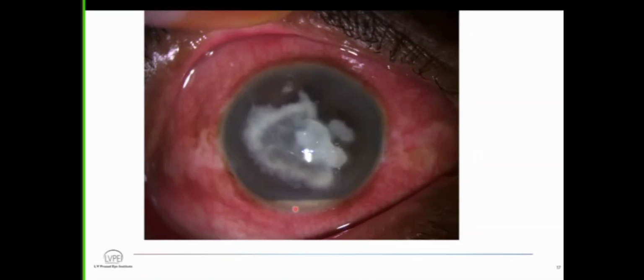If you are able to see these small extensions which are present, these are all feathery margins, and this is more dry looking. If you compare it to the first photograph, the infiltrate appears to be dry. You also have a small area of plaque which is present. So this is all very suggestive of fungal keratitis.